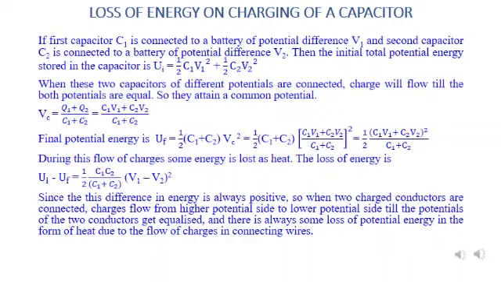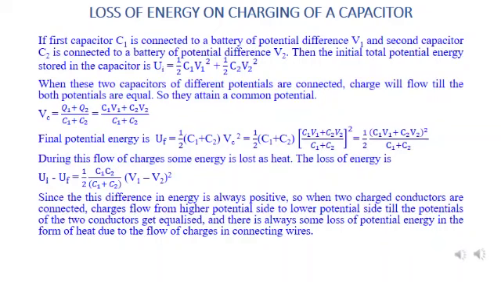So the final potential energy of the two capacitors together is Uf equals half C1 plus C2 into Vc square, which equals half C1 plus C2.